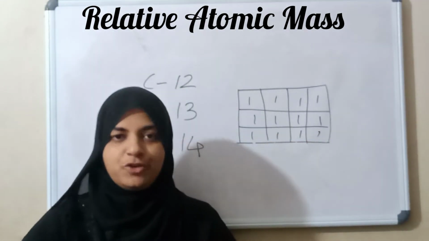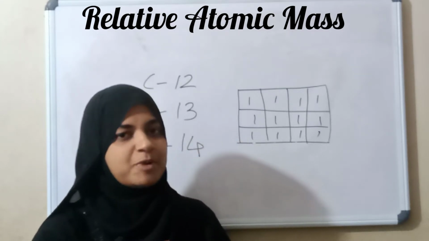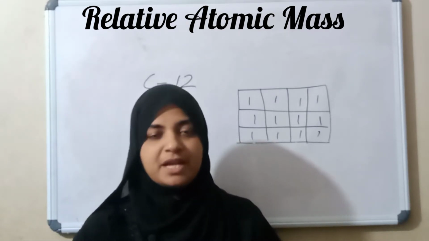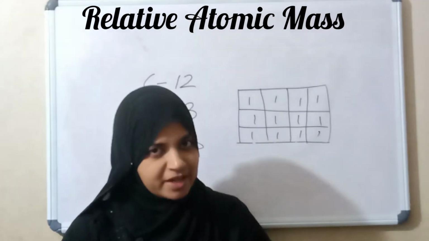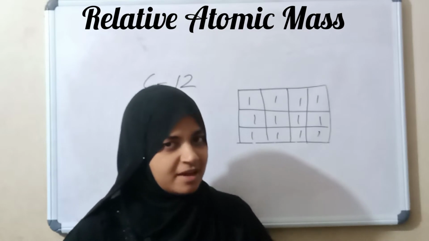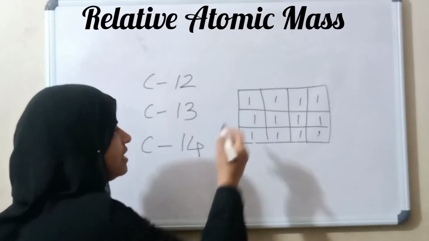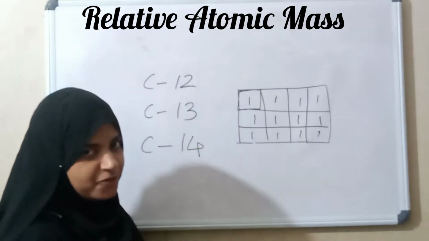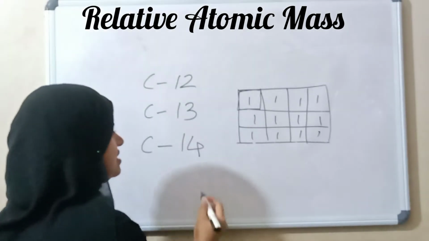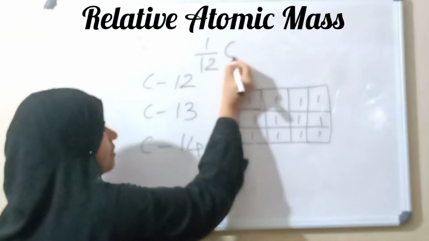Relative atomic mass means the expression of atomic mass by comparing with the atomic mass of another atom. For comparison, we choose the 1/12th of carbon 12. That is, here the one part of carbon 12 is just 1/12th of carbon 12.